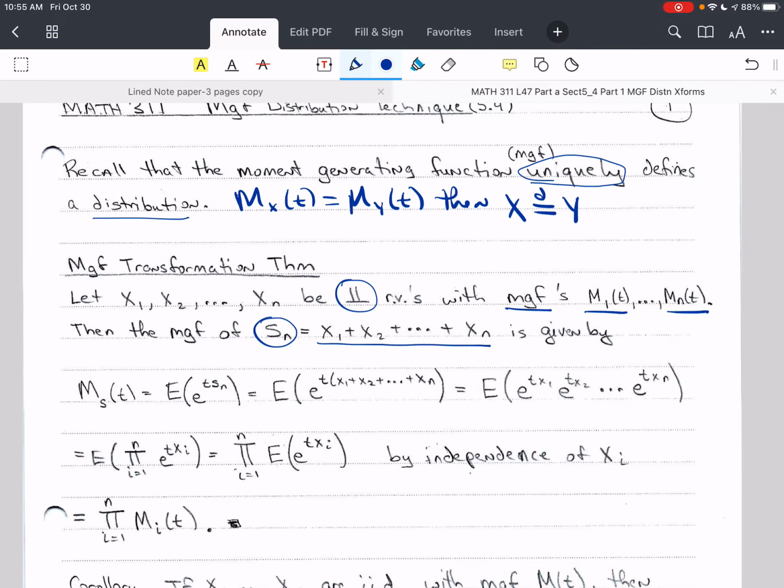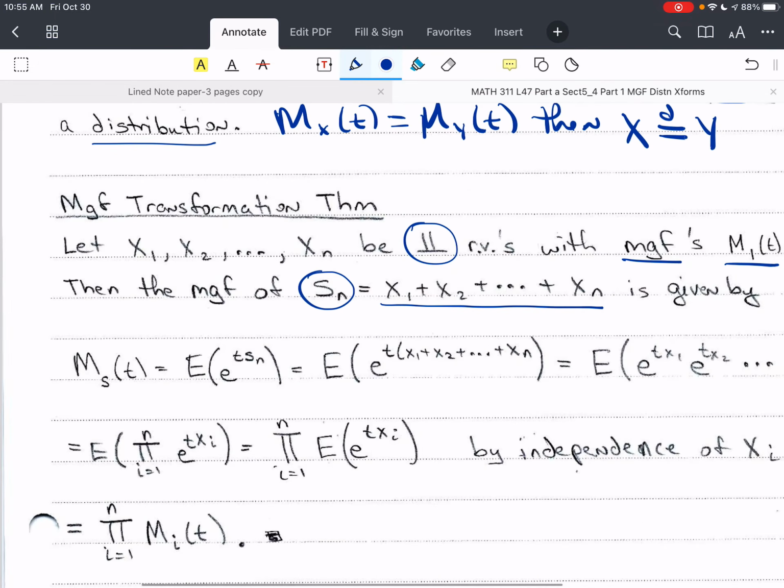The moment generating function of S sub n of t, well, we're going to use the definition. So remember that the moment generating function of X is equal to E of e to the t times X. So if I change X here, I need to change it here.